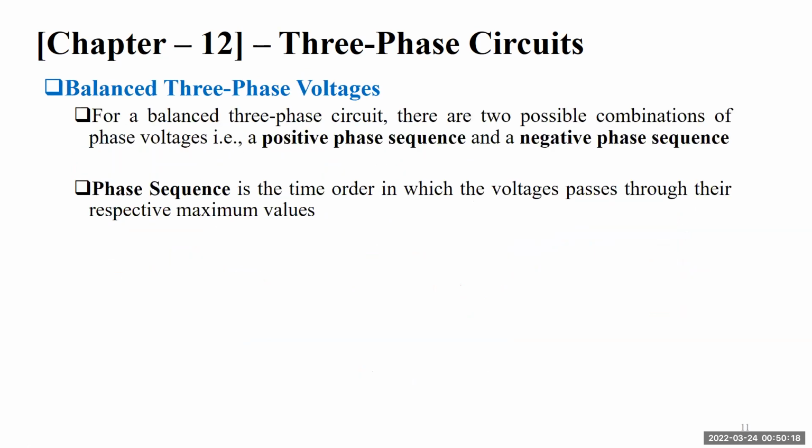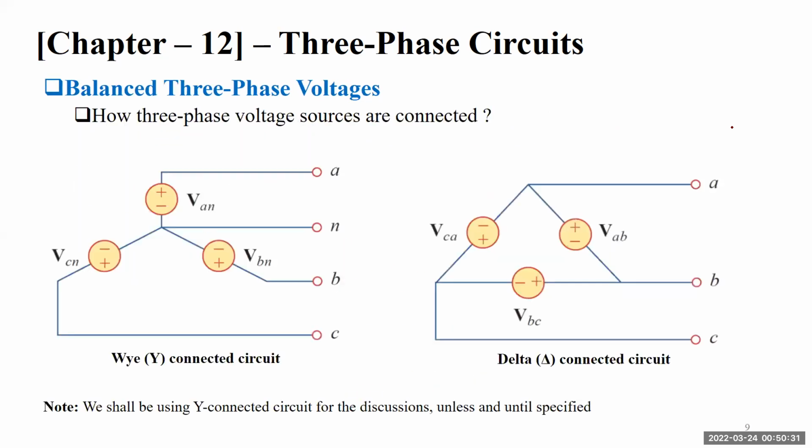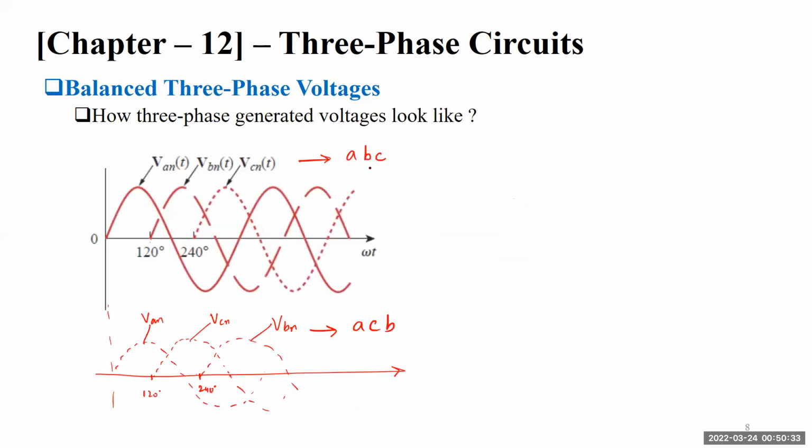Moving ahead, in a balanced three-phase circuit there are two possible combinations of phase voltages. One is called positive phase sequence, the other is called negative phase sequence. Remember the slide where I was talking about the convention in which these voltage phases can be extracted out of the generator.